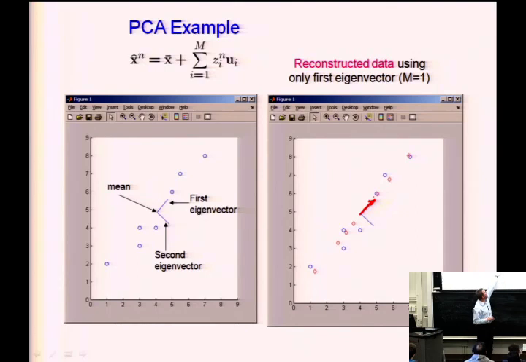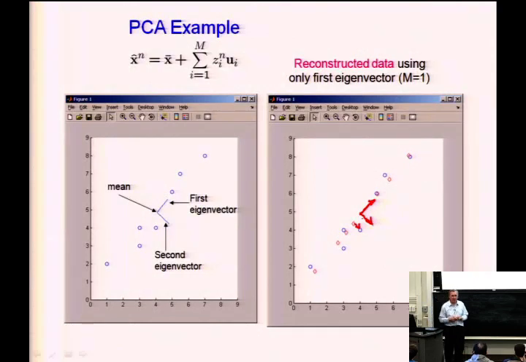And of course, all those red points that we construct will lie right along that dimension because the only way we can reconstruct them is to multiply their coefficient by that vector. But as you see, there's still a residual error. Those points aren't exactly where the blue original ones were. But if we now allow using the second dimension, we'll be able to add in another orthogonal vector to their original reconstruction from the first dimension and get back the full blue points.